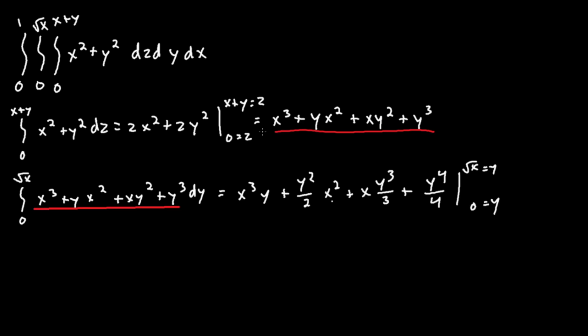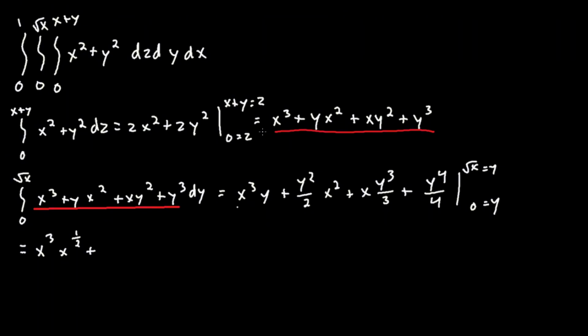0 turns everything into 0, so we can ignore it once again. But we need a new line for this because of how big and massive this problem is. Technically, square root of x is x to the power of 1/2. So when we substitute square root of x into all our y values, it's treated as x to the power of 1/2.